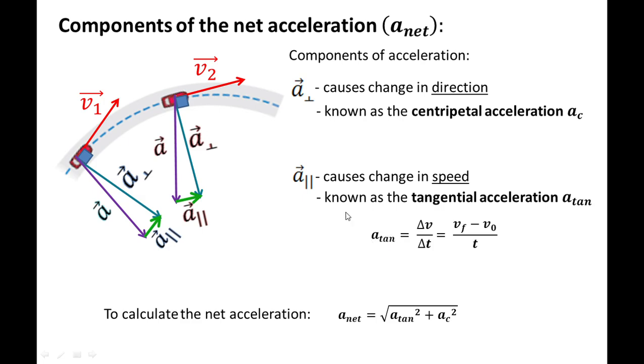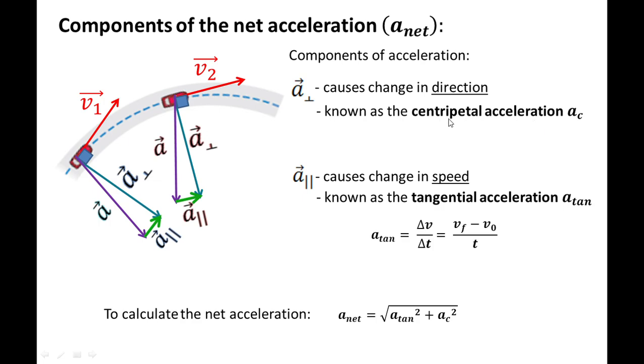The tangential acceleration, which is the parallel acceleration, is just equal to the change in velocity over the change in time, or just v sub f, the final velocity, minus the initial velocity over the time it takes for the velocity to change from the initial velocity to the final velocity.